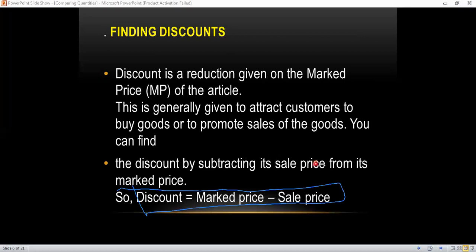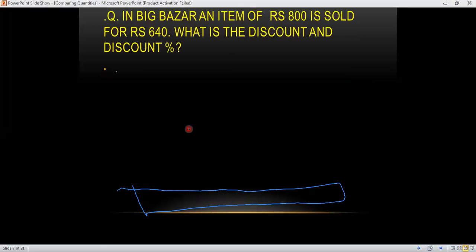Now let's move to the next. In this question we have to find discount. As we have learned, discount is the subtraction between market price and sale price.